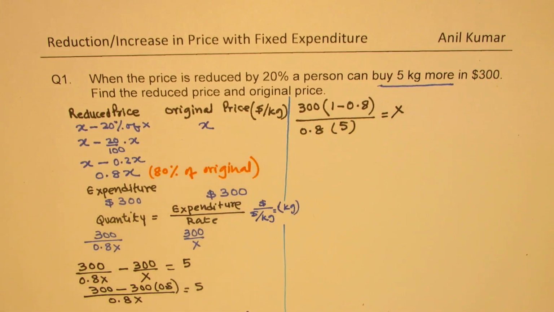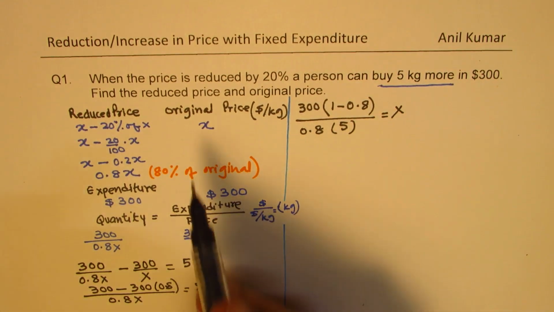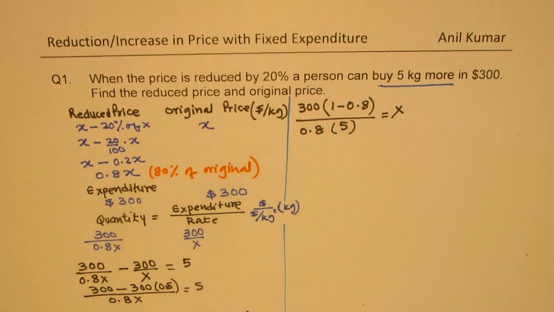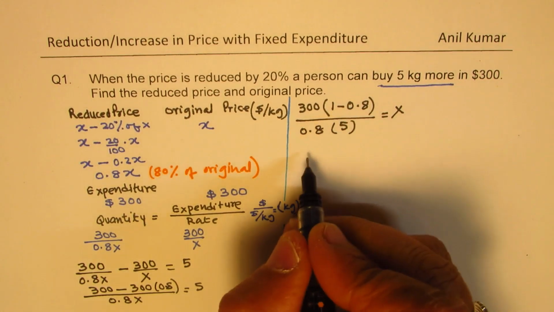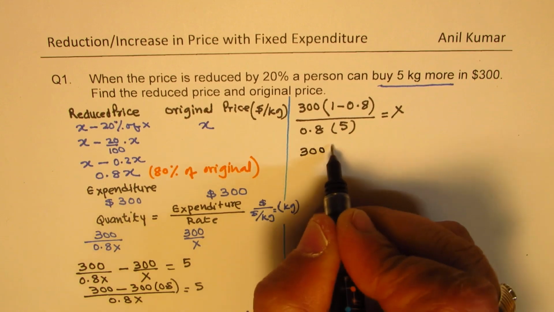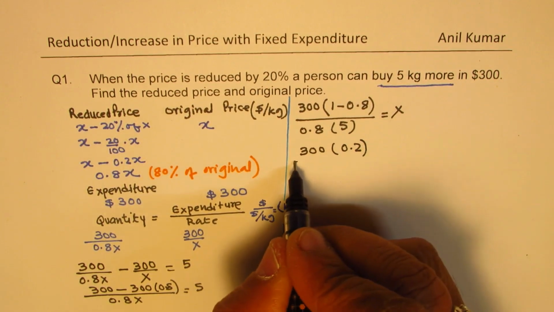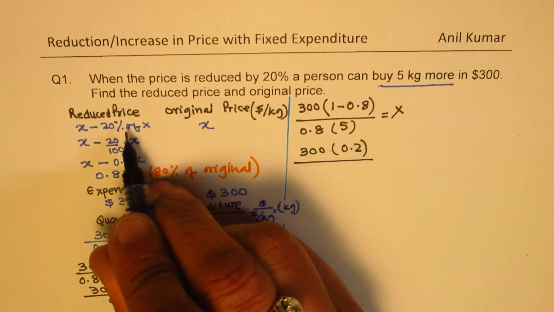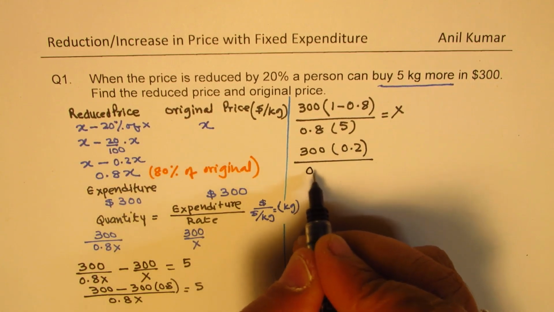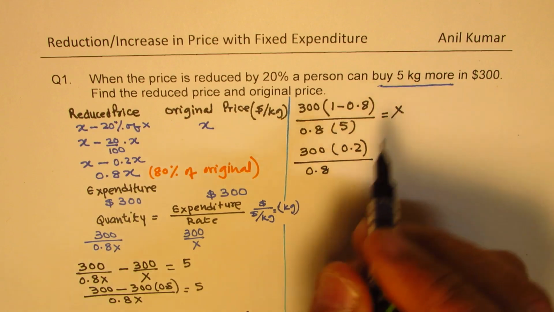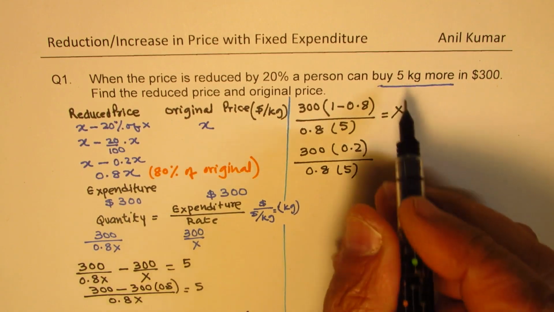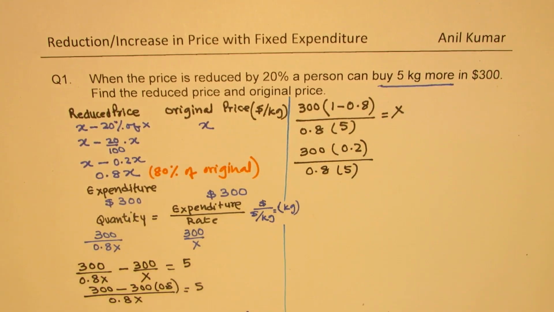So we isolate x. We need to find the original price, that is x. Let's rewrite this, one more calculation. 300 times 0.2, that is 20%. Do you see that? 80% is your reduced price, and 5 kg is the excess amount you could buy.